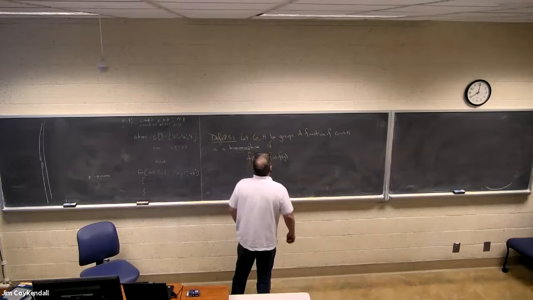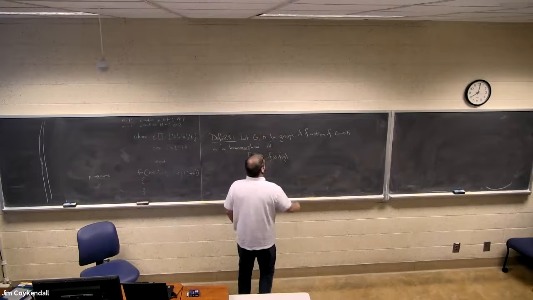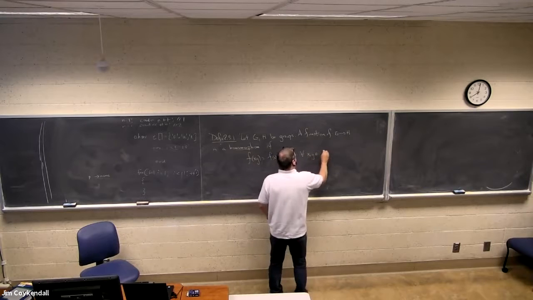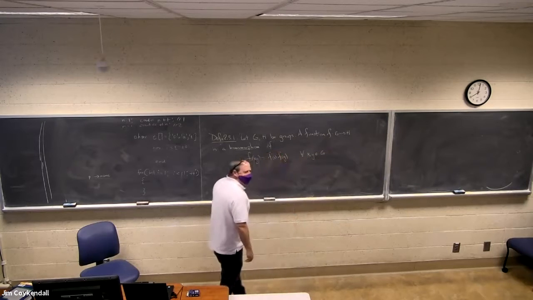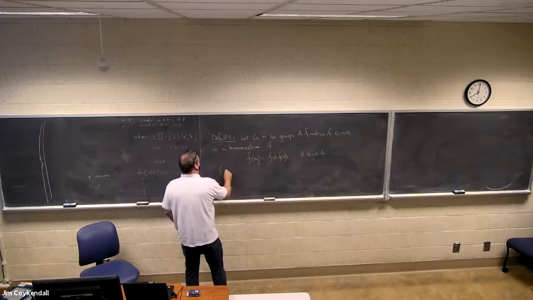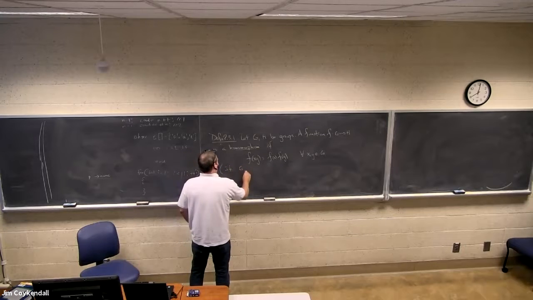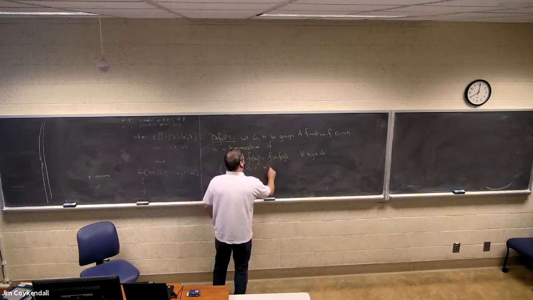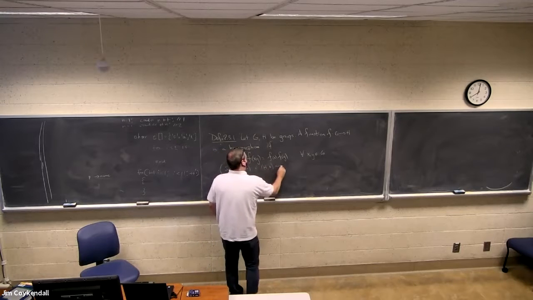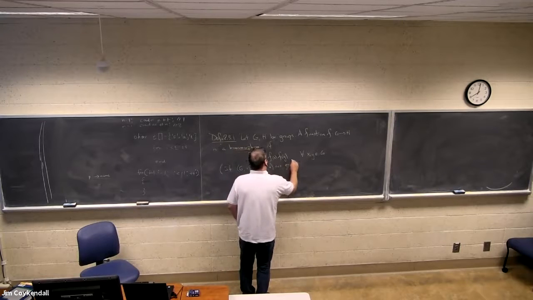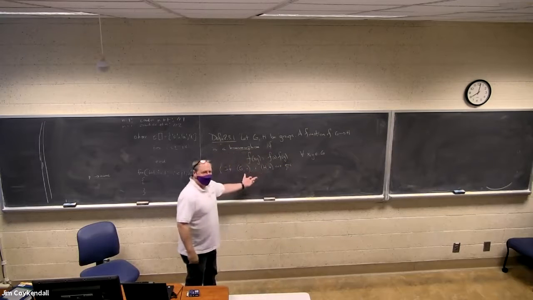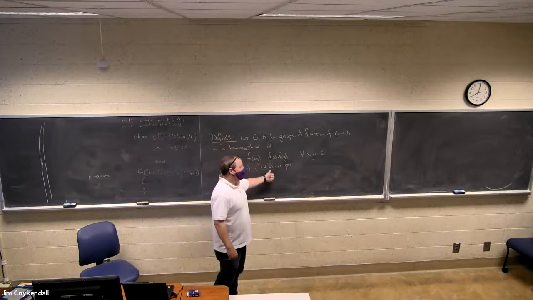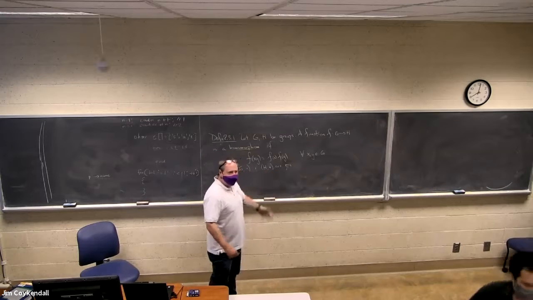Well, actually, for all x, y. So let me be a little bit more precise here. So let me distinguish between the operations. We'll call the operation in G circle. We'll call the operation in H star.